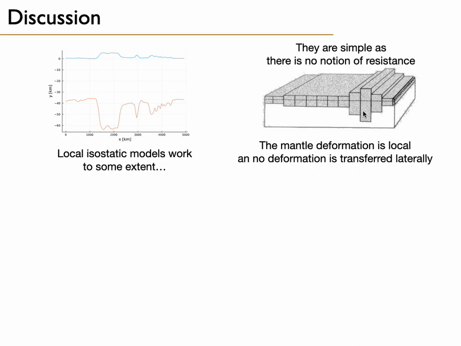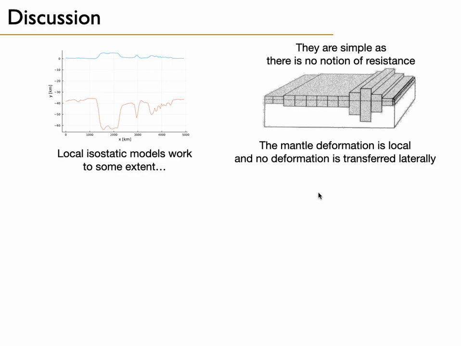What does it mean? It means that the mantle deformation, if you move the blocks up and down, the deformation which is induced is accommodated actually locally. It's not transferred laterally. So the deformation taking place below one column here will not affect the neighbors.